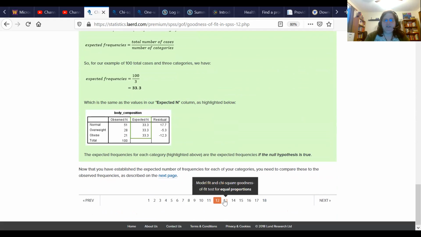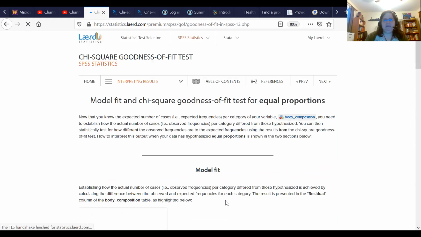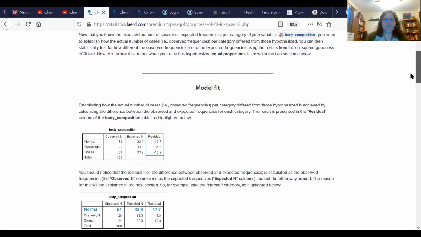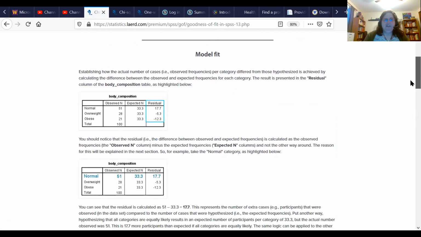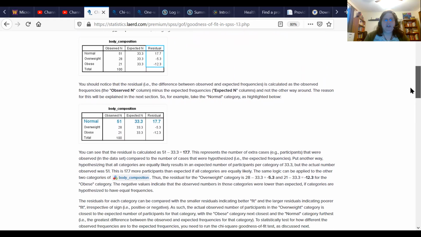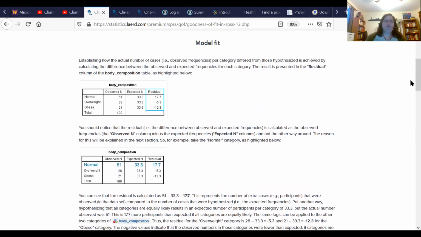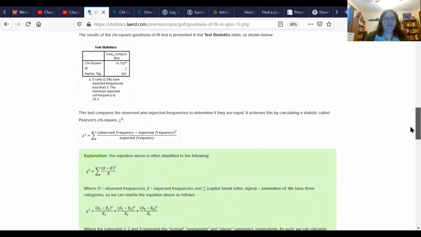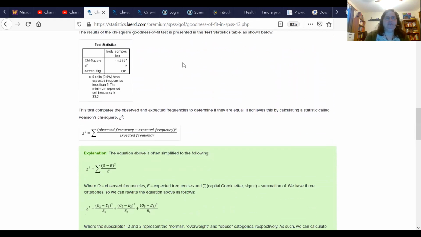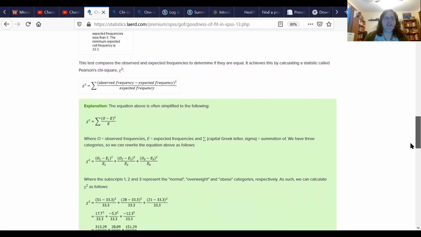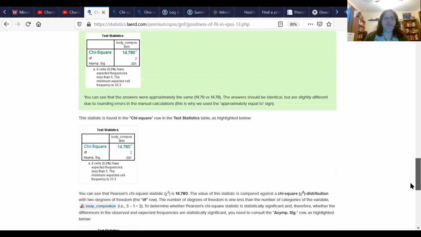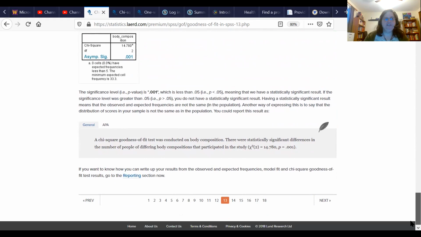And this is a little more explanation of the residuals and your model fit. And this is just going through and showing you how to actually calculate the chi-square. So again, if that's interesting to you, you can look further at that.